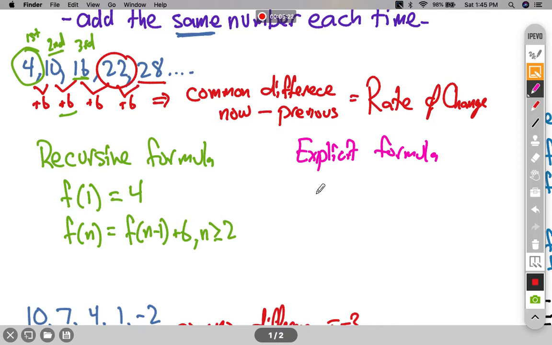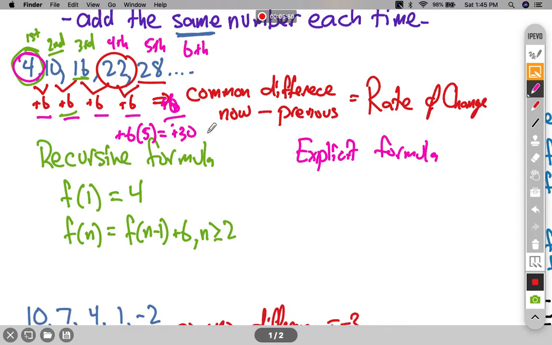So, for example, if here's the 3rd, the 4th, 5th, if I wanted the 6th number, what I could do is say, well, I started with 4, and I added 6, 1, 2, 3, 4, 5 times. So I added 6 5 times, or I added 30.